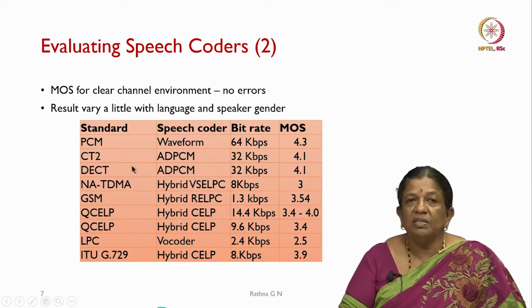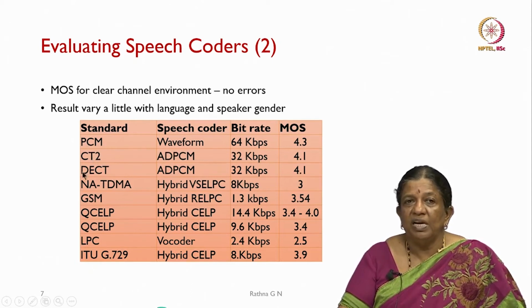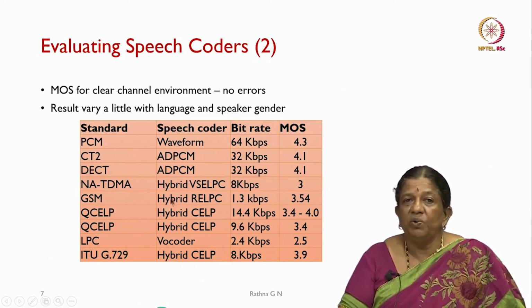You can see the standards given: PCM, CT2, DECT, TDMA, GSM, QCELP, quantized CELP as we call it, and then LPC coding. Quantized CELP can use hybrid RELP or hybrid CELP, and LPC uses vocoder technology, and we saw that ITU G.729 uses hybrid CELP.